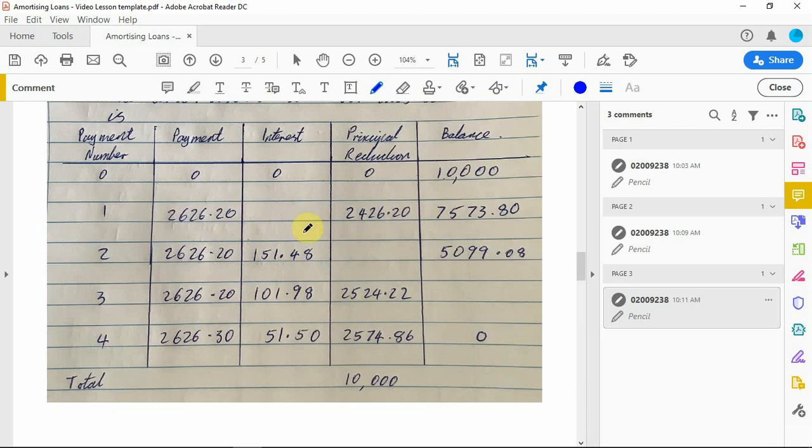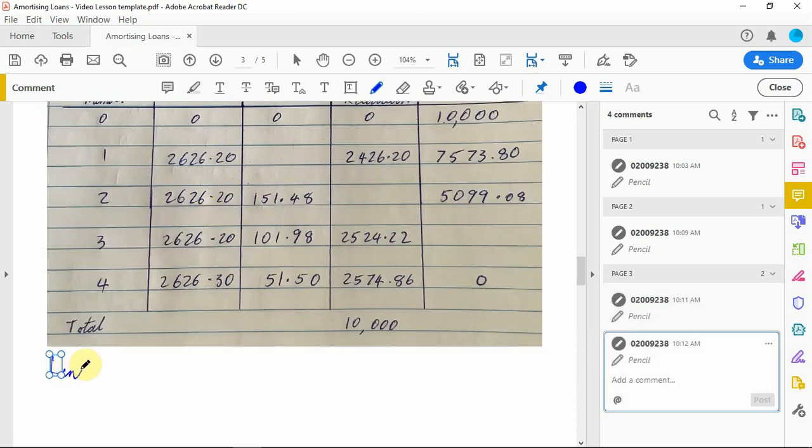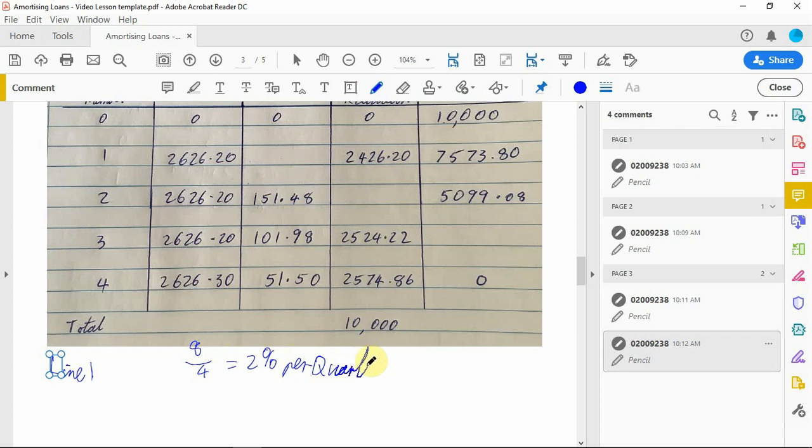So that's for this one here, and I'll write it down here and I'll call it line 1. So line 1, what do we have? We're told, of course, up the top we got 8%, and we're told quarterly, so that's 2% per quarter, 4 quarters.